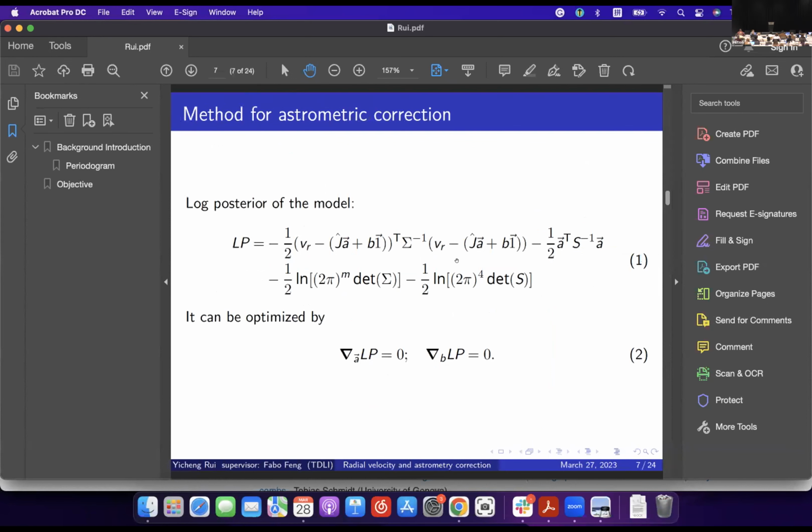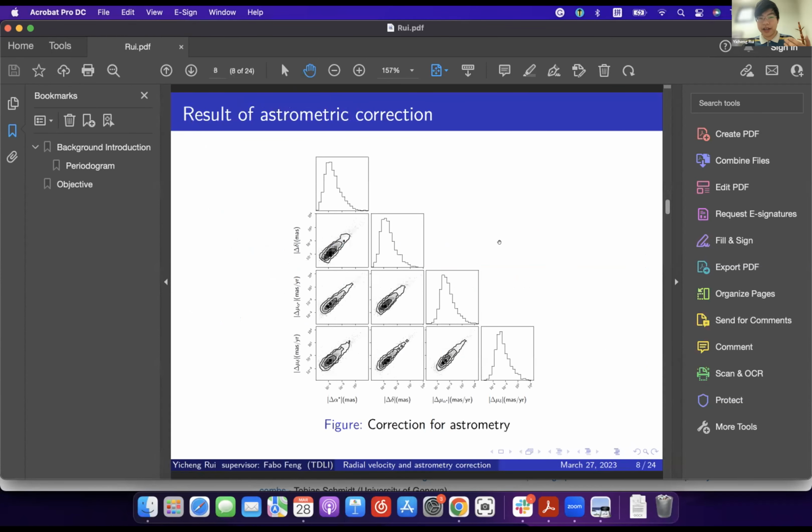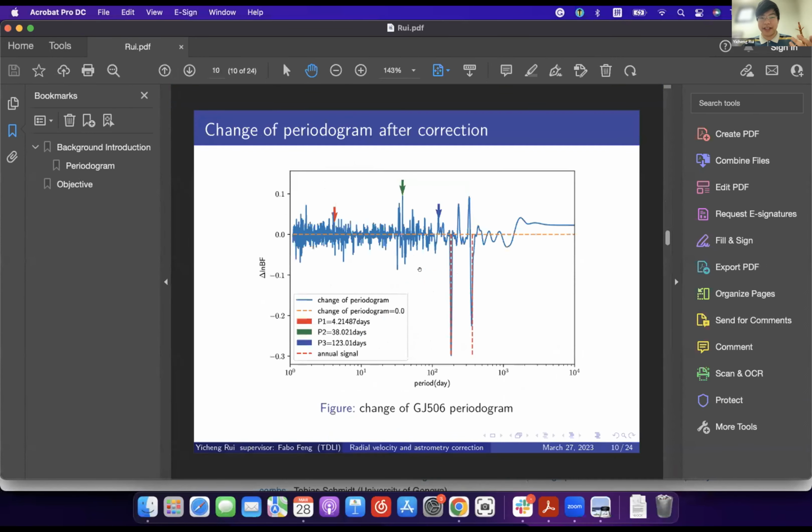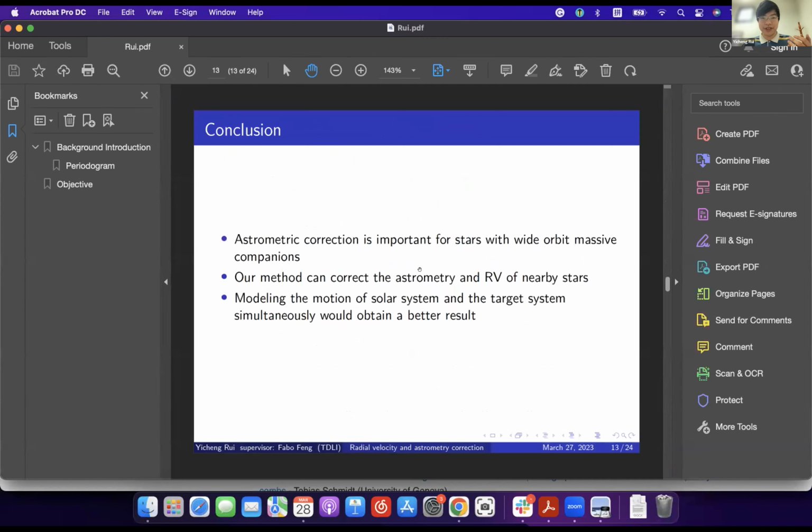Okay, so you think you have a better astrometric correction, which may or may not be due to unseen companions or something? Yeah, you're correct. You can see that some of the targets have a unrealistically large astrometric correction. This is just because we didn't find the unknown companion. We just use a linear model to correct it. For a more complex model, you can model the solar system and the target system simultaneously and get a full understanding about whether or not the system indeed has an unknown companion.